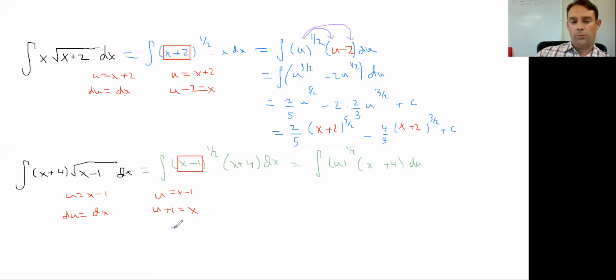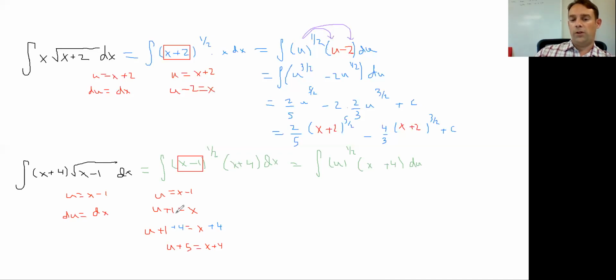So I'm going to add 4 to both sides, like that. So now I got my x plus 4. That means that I have u plus 5 equals x plus 4.